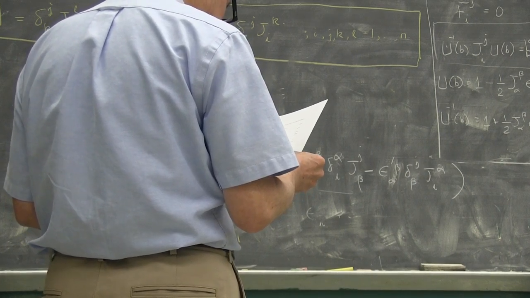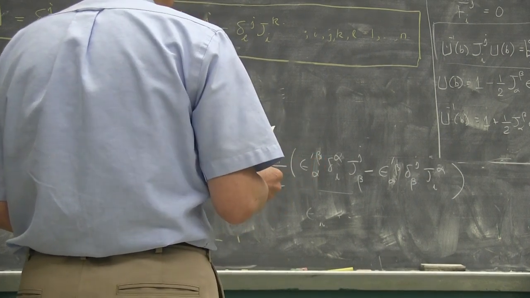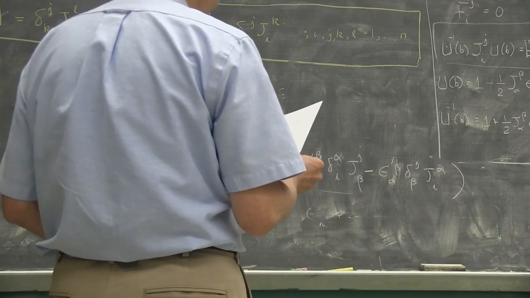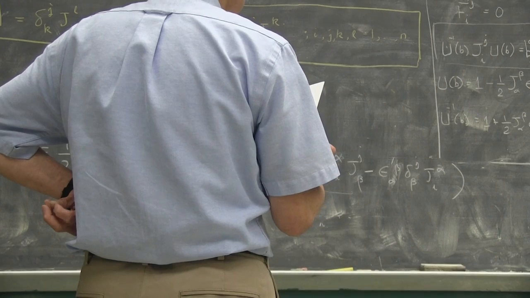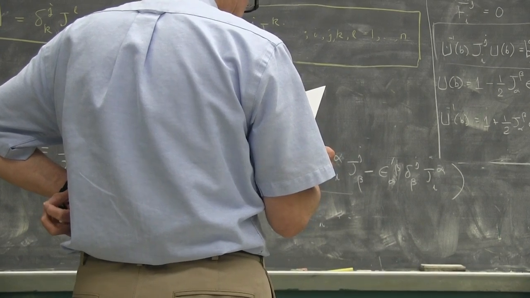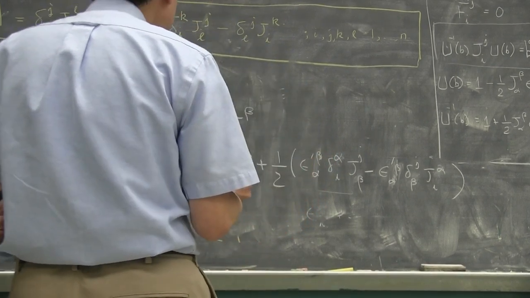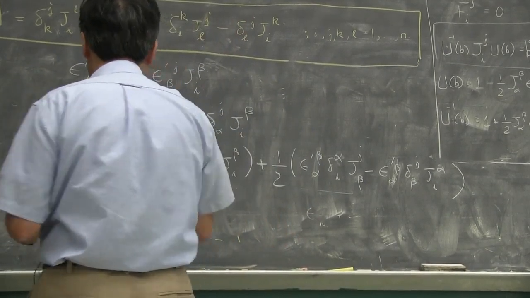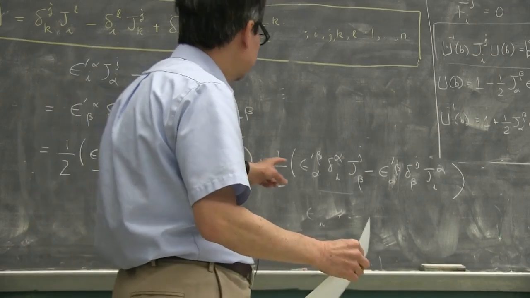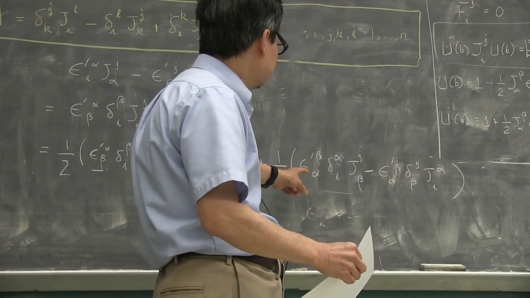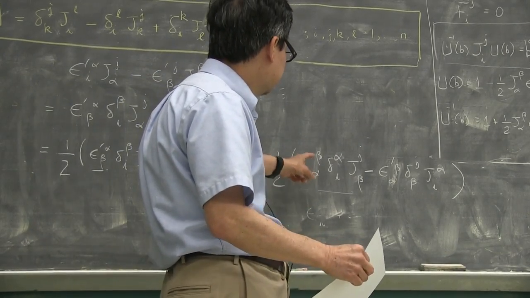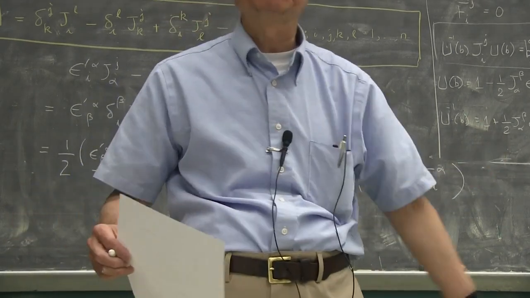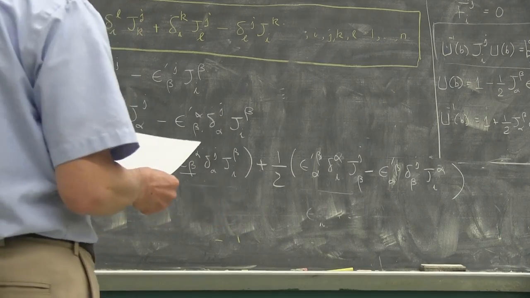I want to do that because I want to take this factor out. Okay? Since this guy is anti-symmetric, so epsilon prime alpha beta is minus of epsilon prime beta alpha. So I can take all the epsilon prime beta alphas out.